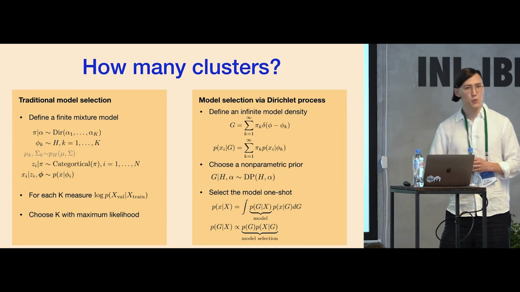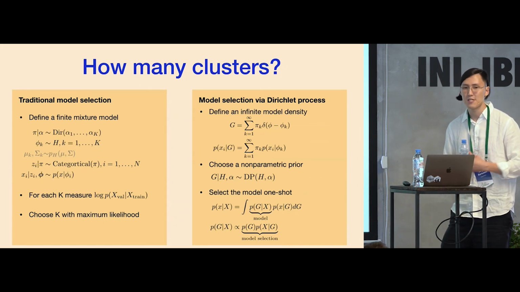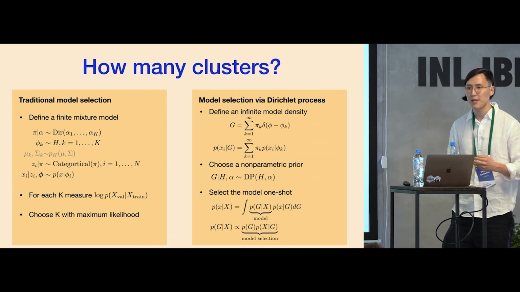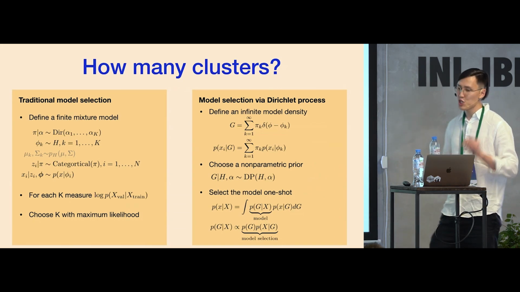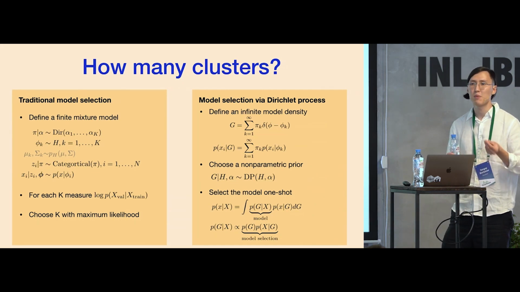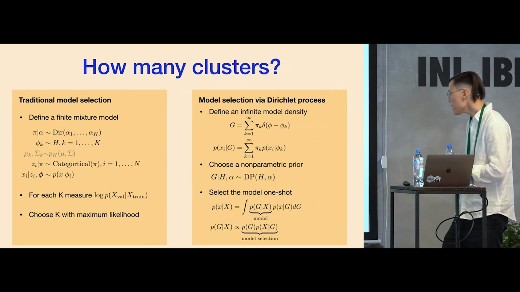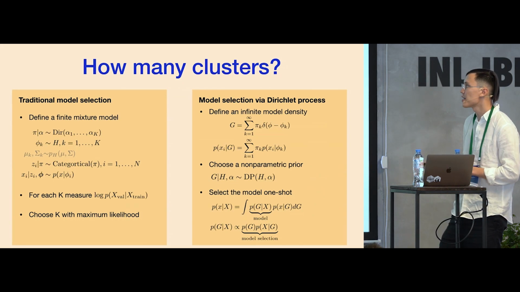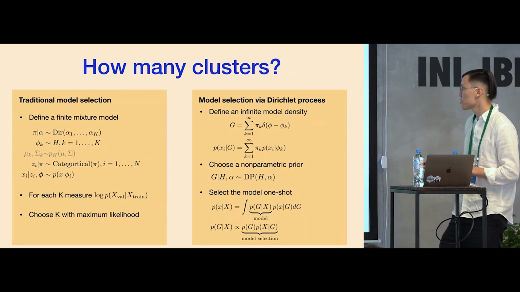The answer is that technically we can, but often it happens that even despite our best efforts in regularization, even if we choose the right priors, we may find a degenerate solution where, for example, each data point or a very small number of points are assigned their own cluster simply because it explains this single point very well. And it's very difficult to come up with the right prior if you formulate the problem like this. But I will show you why it is reasonably simple to get a good prior if we think in this way.